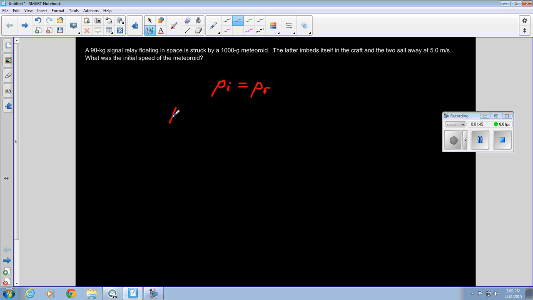So you've got the initial momentum of, let's call it the relay, plus the initial momentum of the meteoroid has to equal the final momentum of the relay and the final momentum of the meteoroid.